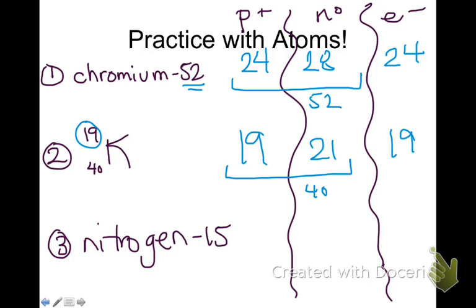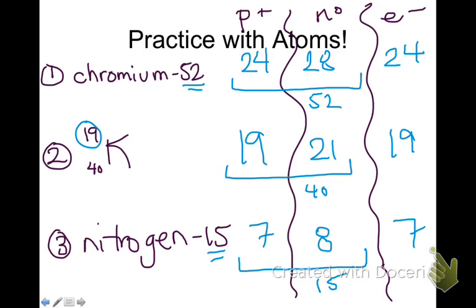Nitrogen, in this case, has a mass number of 15, which means its protons and its neutrons have to add up to 15. I look at the periodic table. Nitrogen has an atomic number of 7. That means it must have 8 neutrons. And because protons have to equal electrons, I have 7 electrons.